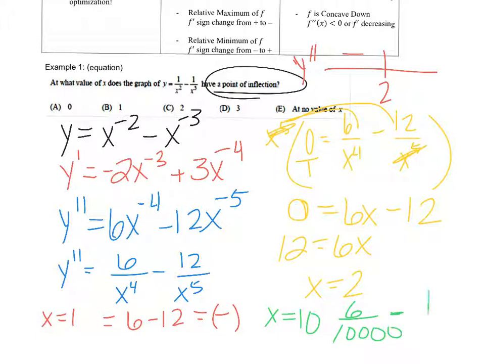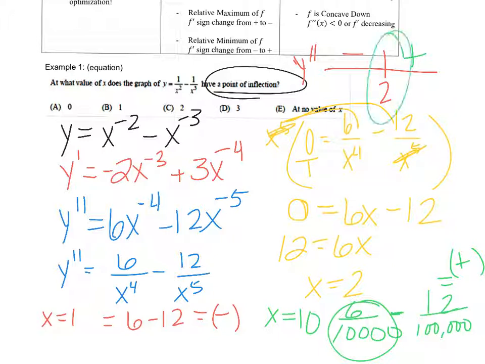Minus 12 over, if I'm taking it 10 to the fifth power, I'm going to have 5 zeros, so that's 100,000. And 6 over 10,000, you could convert it to decimals if you'd rather do that, but this is going to work out to be a positive number because this number is bigger. So that's concave up, which means it went from concave down to concave up, so 2 is a point of inflection. So my answer is C, number 2.